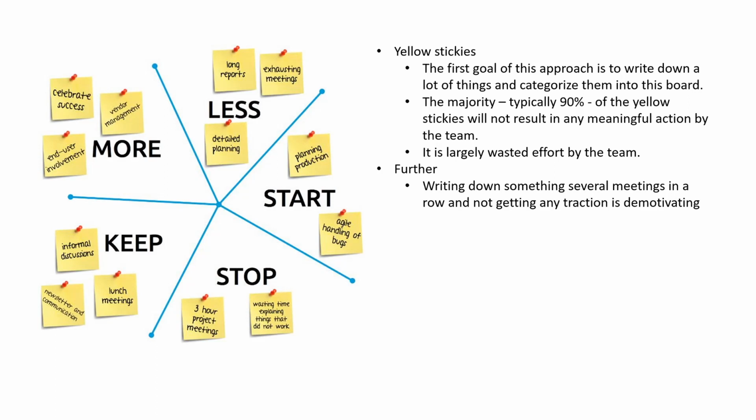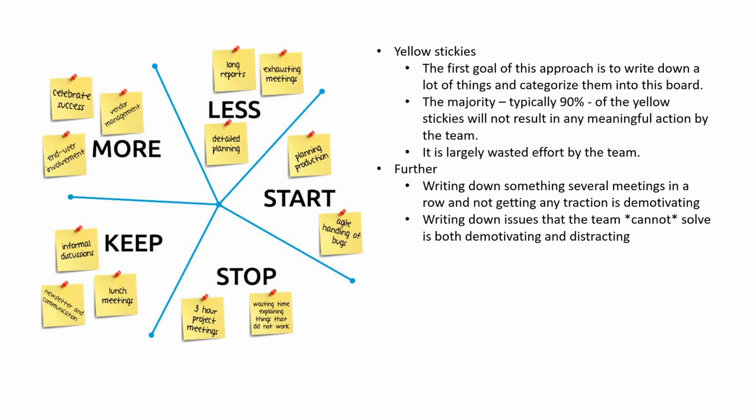Or they certainly don't have traction to change all of those sorts of things. So what happens is we get what I call chronic issues showing up during retrospective. So we will have something that says, stop wasting time doing this with another team. Or we're having quality issues with another team.